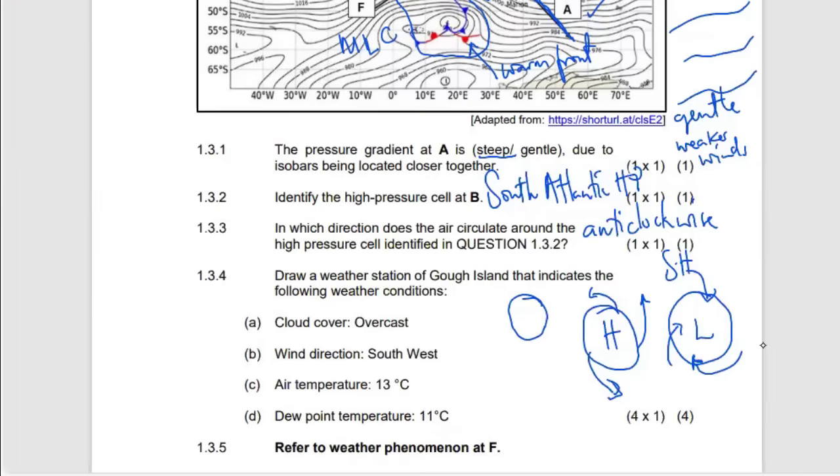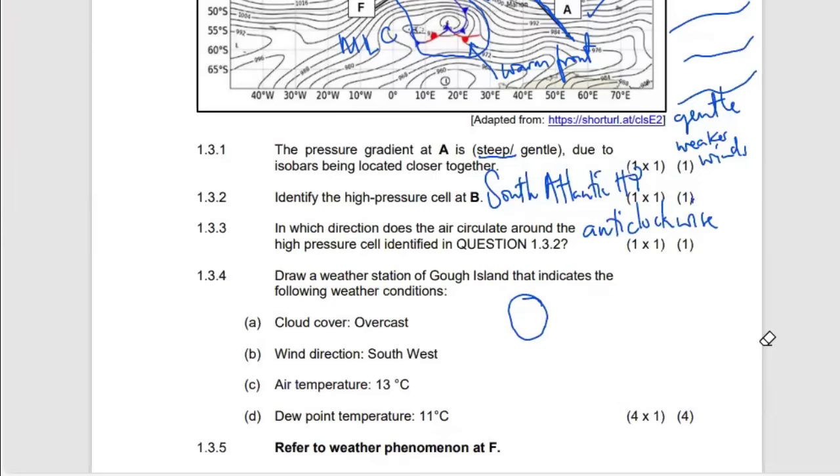You must always note that cloud cover is presented as a fraction of 8, which we also call oktas. So if half of the sky is shaded, it's going to be 4/8 or 4 oktas.